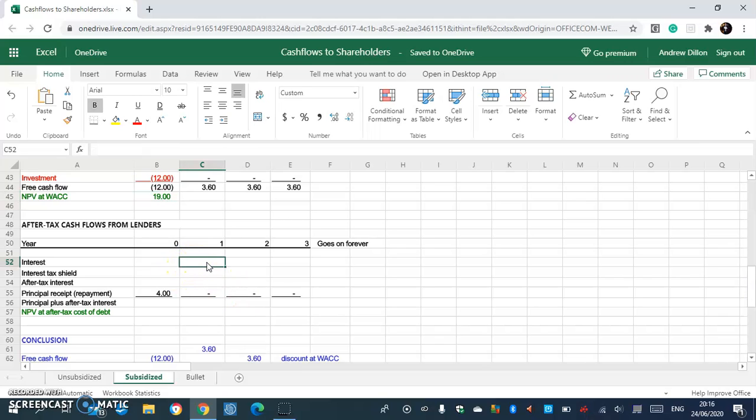Okay, next step is to calculate the interest for after-tax cash flows from lenders.